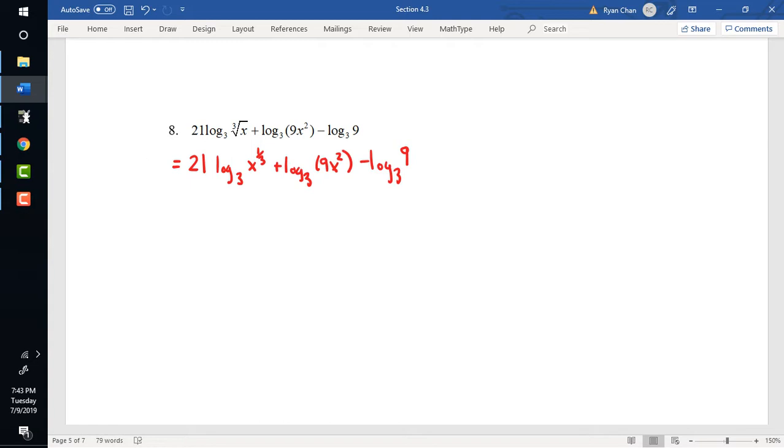Because I have a number in front. So I need to move it up on top. So this is log base 3 of x to the 1/3 raised to the 21st, plus log base 3 of 9x squared, minus log base 3 of 9. Okay? So if I have a power to a power, I'm going to multiply. So this is log base 3 of x to the 7th.